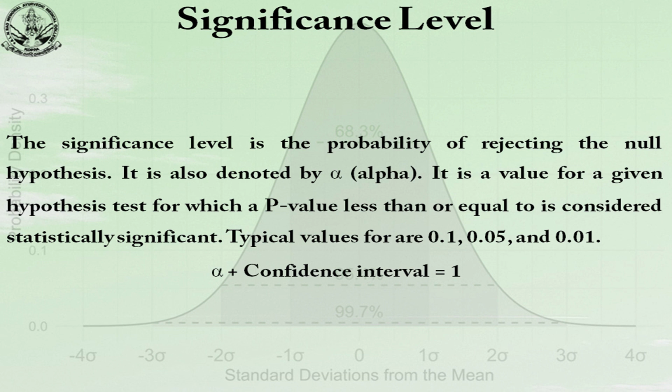For example, if you see a significance level of 0.05, what does it indicate exactly? It indicates a 5% or less risk of concluding that a difference exists when there is no actual difference. So when is there no actual difference?